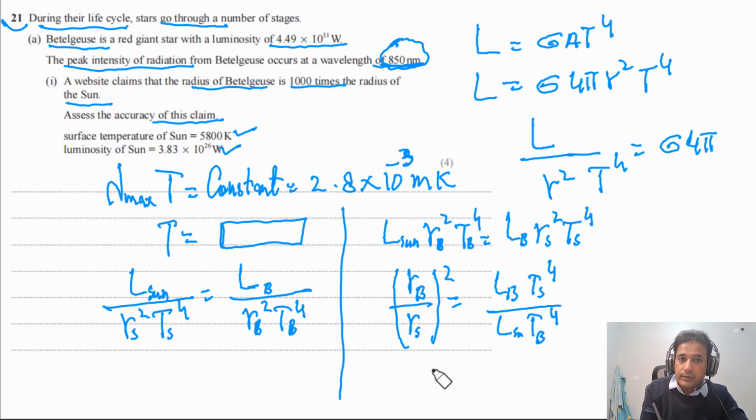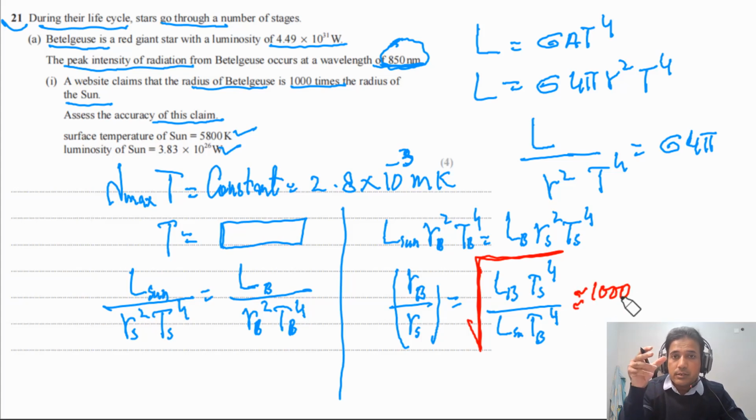So from here we can find out. Now if we take the square root on both sides, we can find the ratio. If this ratio is close to 1000, it means the statement is valid. If not, the statement is not valid.